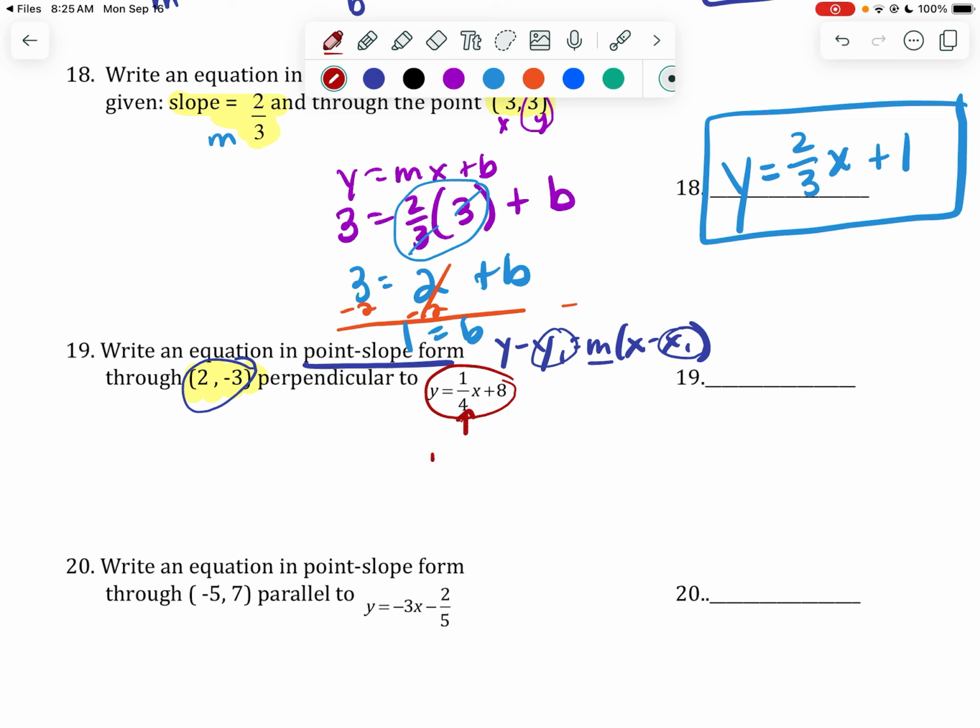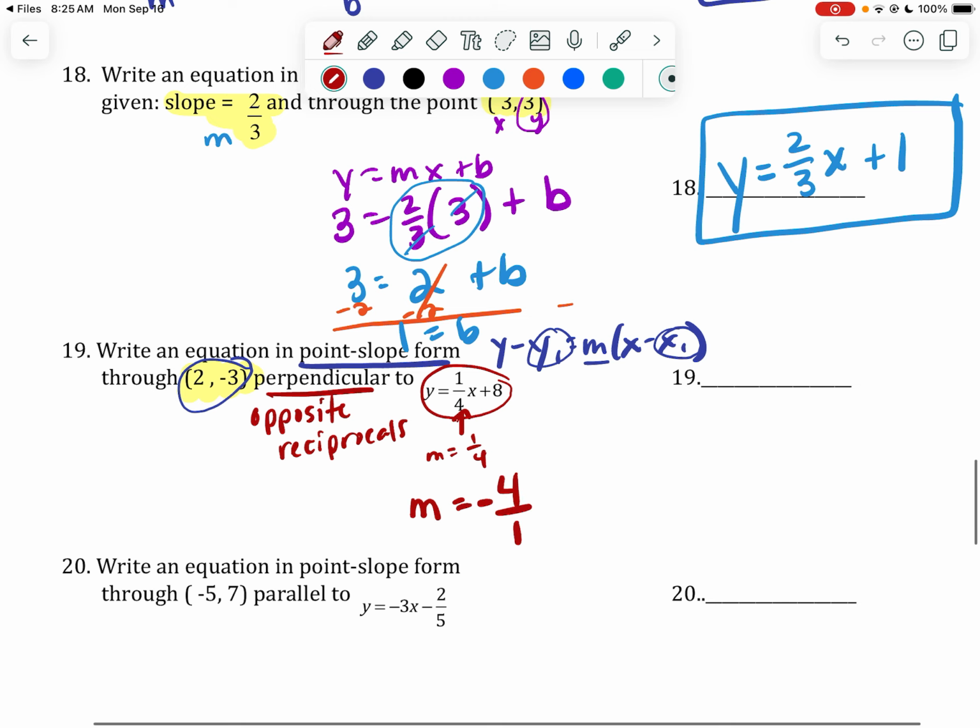So the slope of that line is 1/4. The slope that we want is perpendicular to that. So remember, perpendicular slopes have opposite reciprocals. Okay, so the opposite reciprocal of 1/4 means flip it to 4/1 and make it negative. That's the slope that we want.